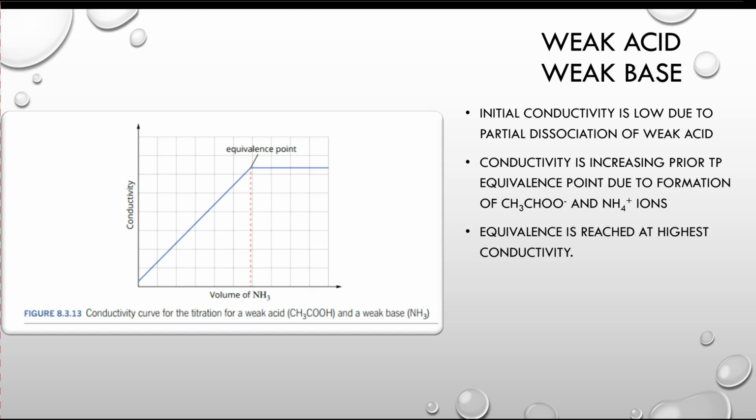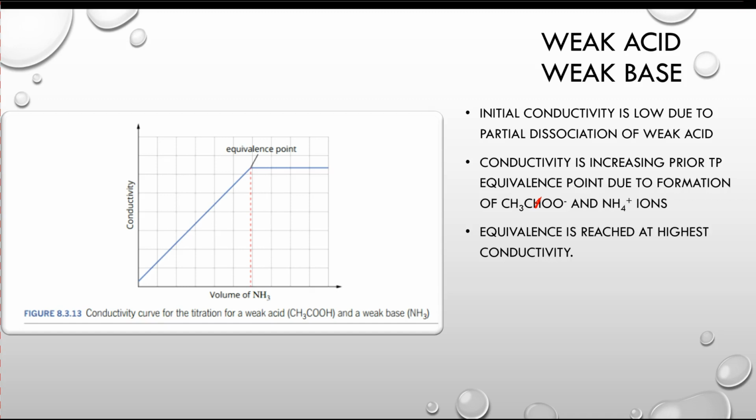And finally, our example is a weak acid, weak base. So again, the conductivity is low due to that partial dissociation of our acid. Now what's happening is we're adding our weak base again, our ammonia. So again, I'm getting that formation of the CH3COO minus ions, and don't mind my typo here, which are a little bit more conductive.